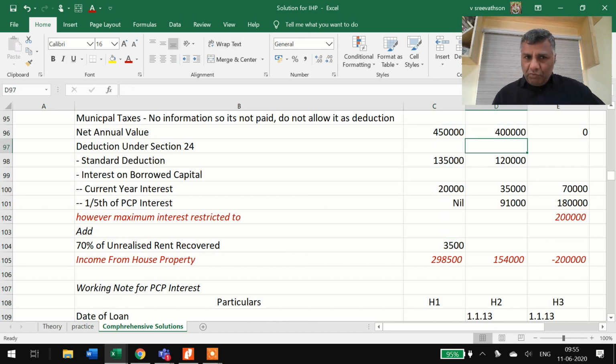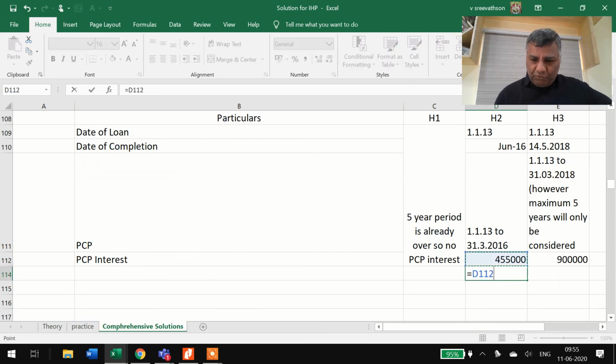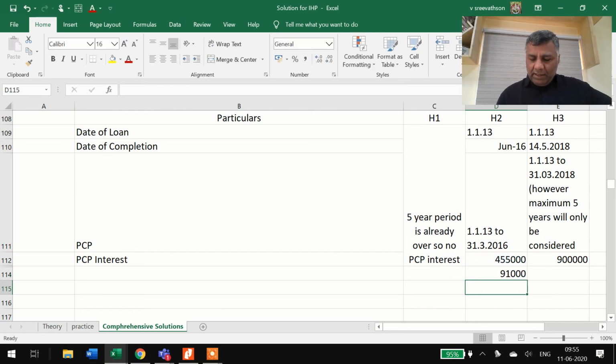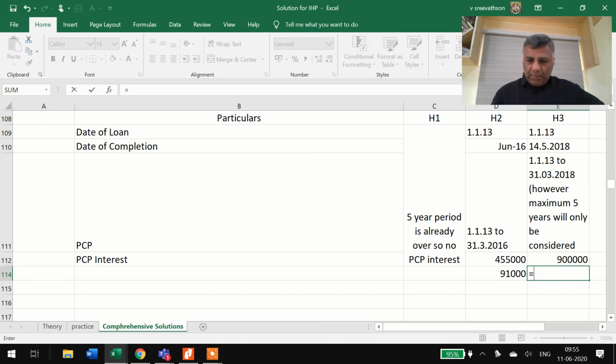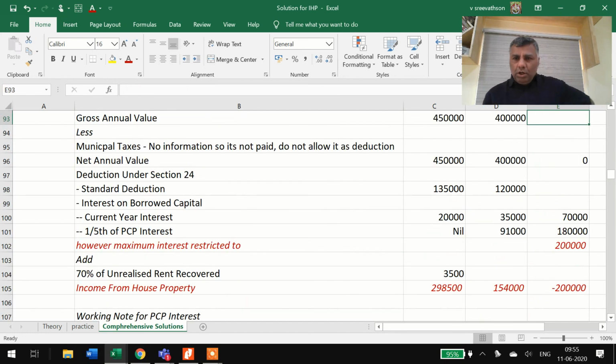Similarly, 4 lakhs, standard deduction 120, current year interest is 35. PCP is 4,55,000 divided by 5, 91,000. 91,000 is the PCP.